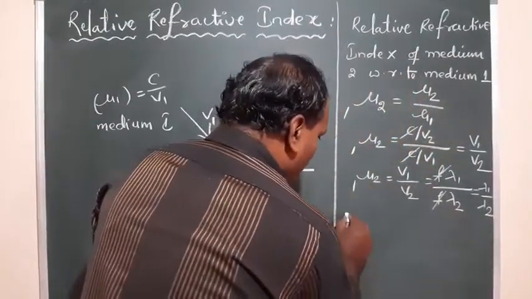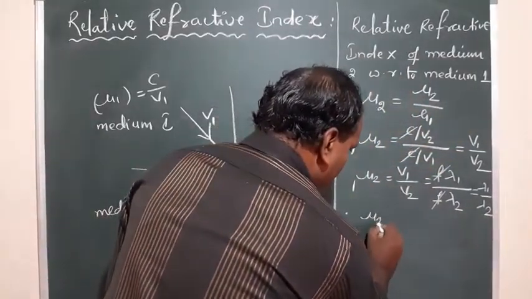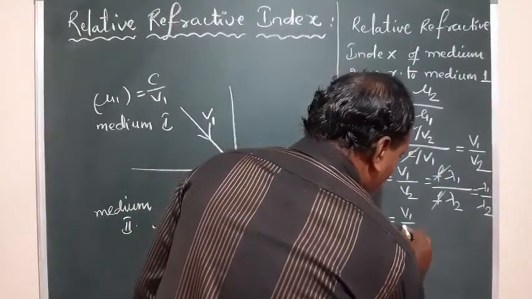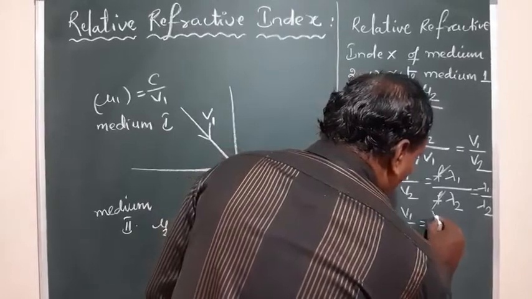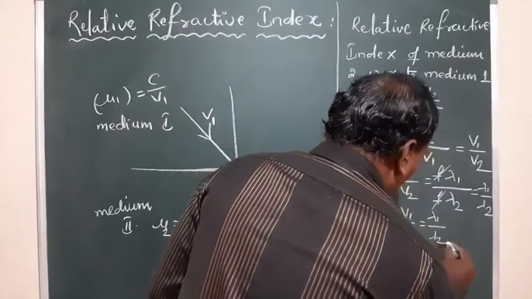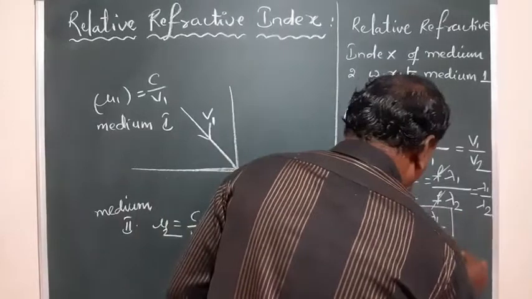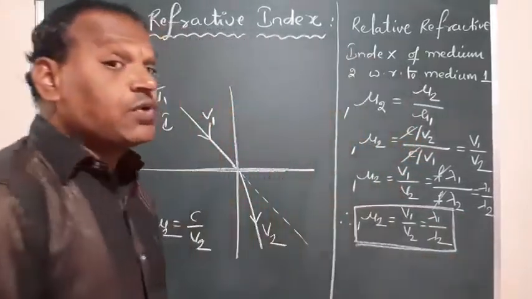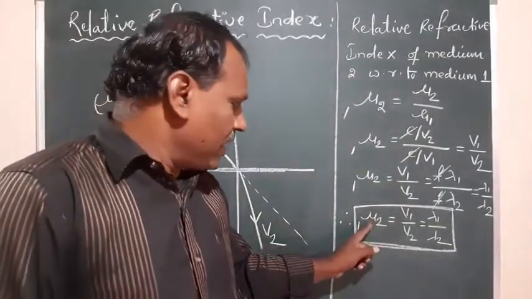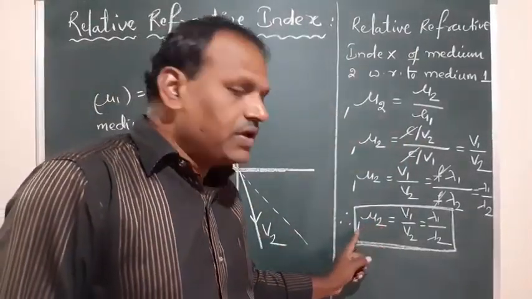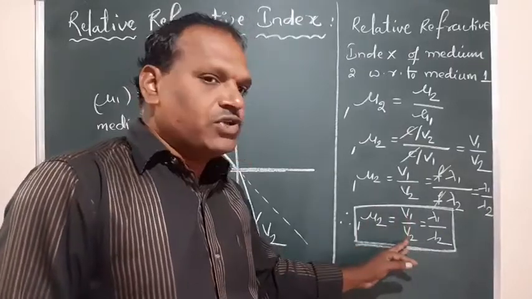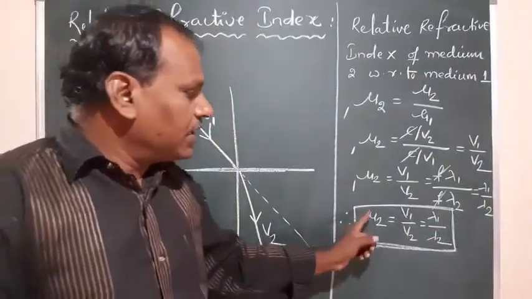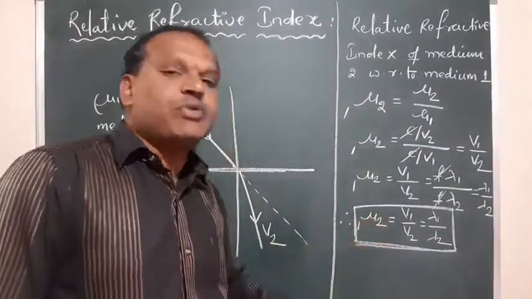Therefore the relative refractive index of medium 2 with respect to medium 1 is V1 upon V2, which is equal to lambda 1 upon lambda 2. You have to remember this equation, and that too it is the relative refractive index of medium 2 with respect to medium 1, given by V1 upon V2 or lambda 1 upon lambda 2.